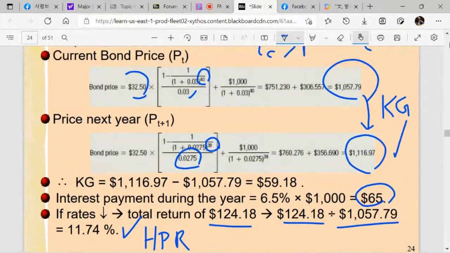Think about it. Valuation of any asset is present value. Present value depends on the discount rate. Future value also depends on the interest rate, right? The interest rate is the discount rate if you are talking about present value. So if the discount rate goes up, present value goes down, right?